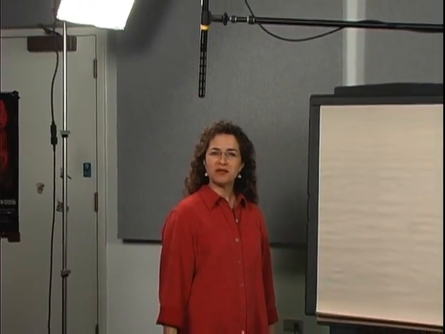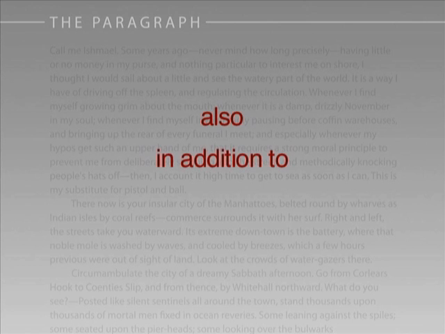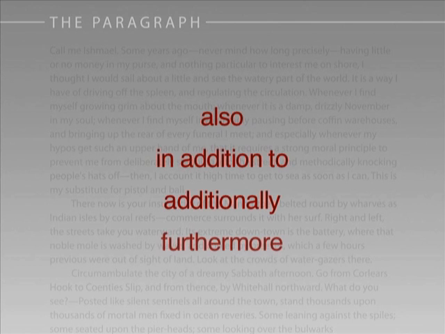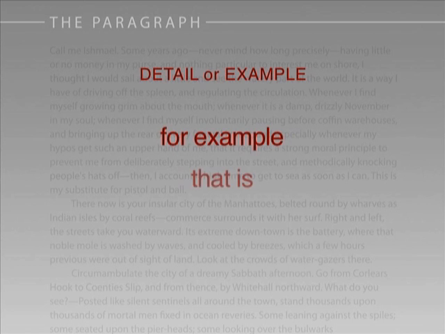Transitional words and phrases also help to create coherence by providing bridges between sentences within the paragraph and between paragraphs. For example, words and phrases like also, in addition to, additionally, and furthermore signal your readers that the relationship between two sentences is one of addition. Other word and phrase groups can create relationships of detail or example, like for example, that is, more specifically.